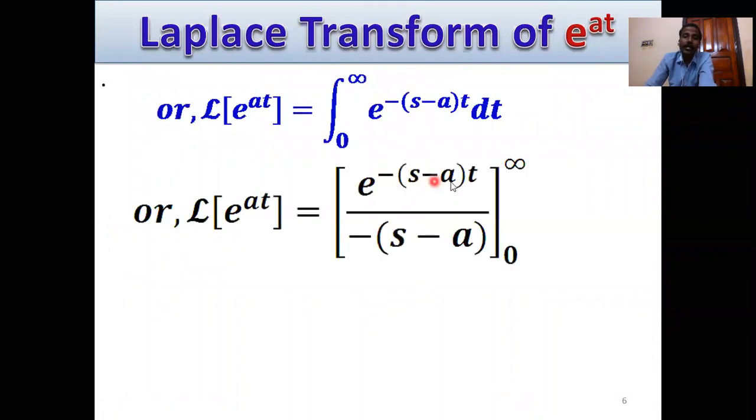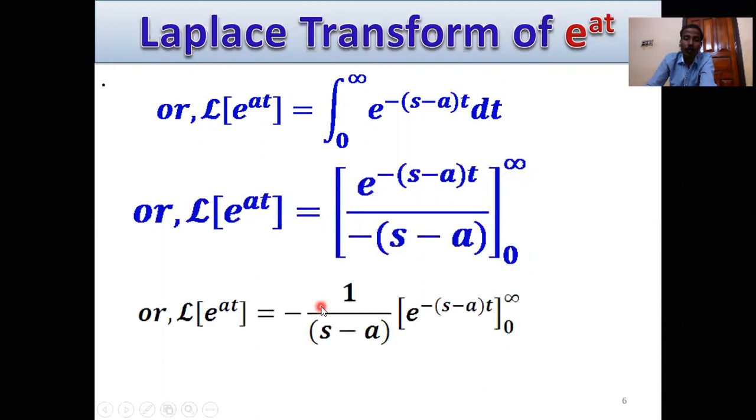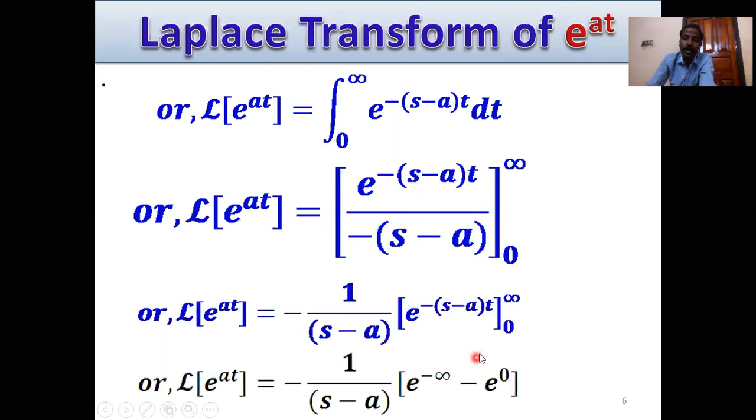The integral of e to the power minus (s minus a) t is e to the power minus (s minus a) t divided by minus (s minus a), from 0 to infinity. Just put t equals infinity and t equals 0. Take minus 1 by (s minus a) common, and then e to the power minus (s minus a) t, put t equals infinity and t equals 0. The upper limit part equals 0, something to the power infinity, and the lower limit is something to the power 0 equals 1.